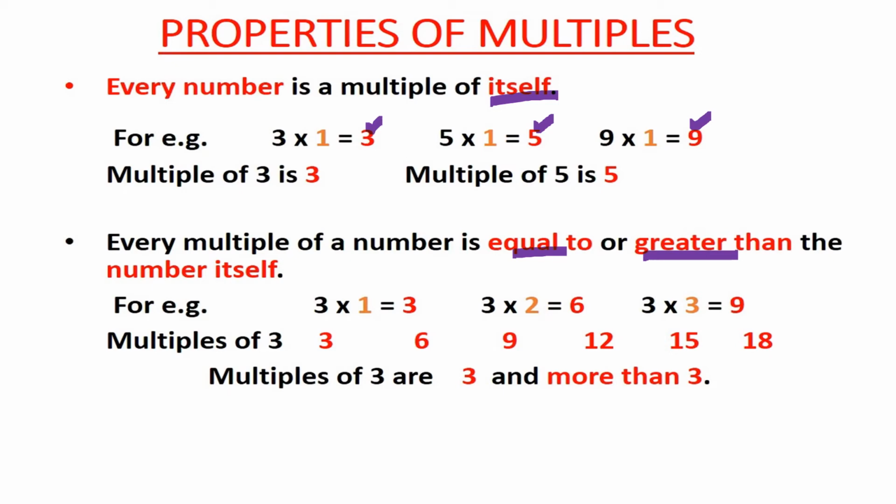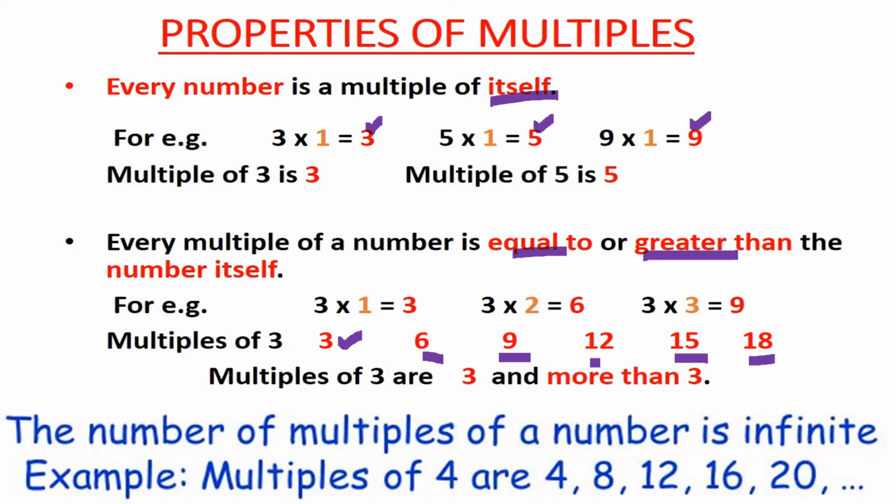If you observe this example, the first multiple is 3, which is the number itself, and the others are greater than that number: 6, 9, 12, 15 and 18, etc. So a multiple of a number is equal to or greater than that number itself.